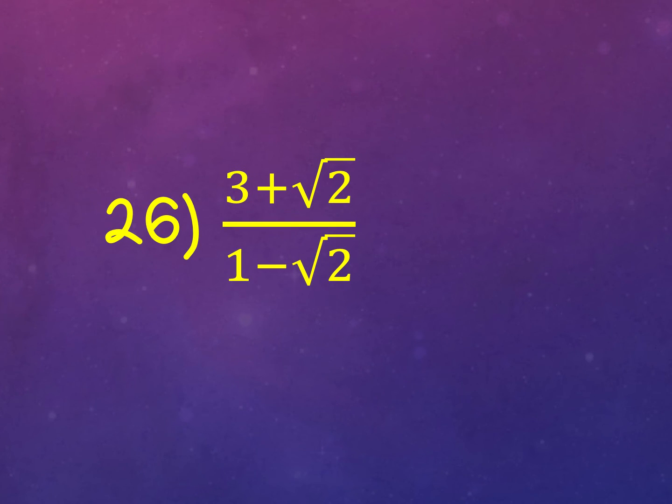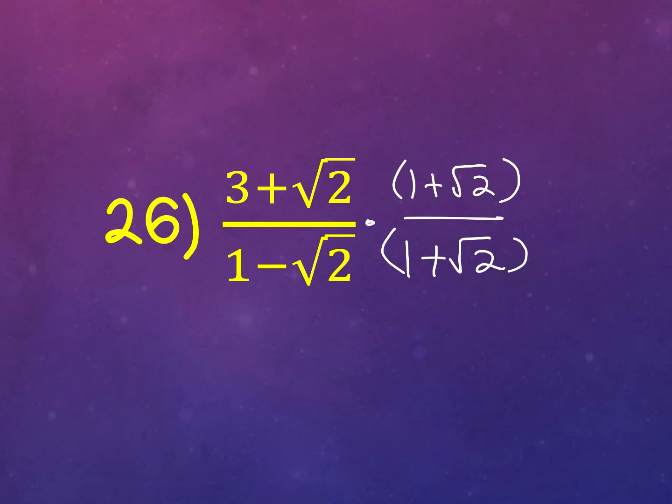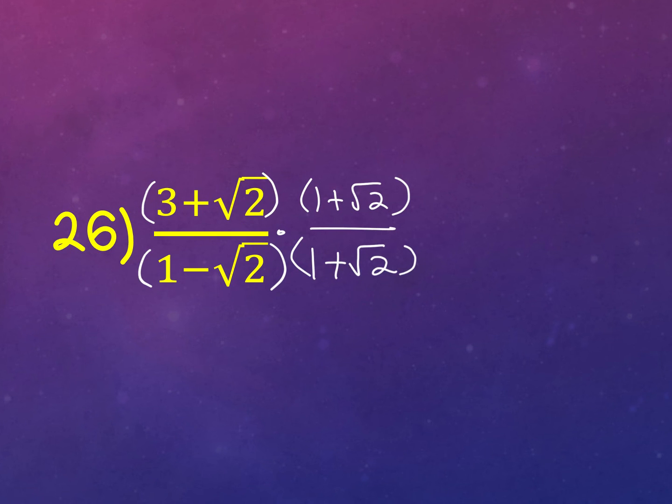Again, I want to get rid of that radical 2 in the denominator, but in order to do that, I'm going to multiply the top and the bottom by the opposite expression of the denominator. So notice what I'm doing here is multiplying two binomials in the top and in the bottom. So let's go ahead and go through it. So I need to FOIL the numerator. For the numerator, first gives me 3 times 1. The outer gives me 3 times radical 2.